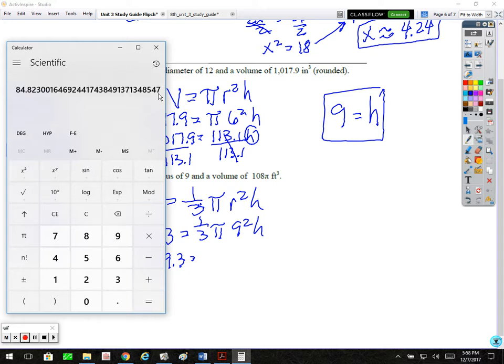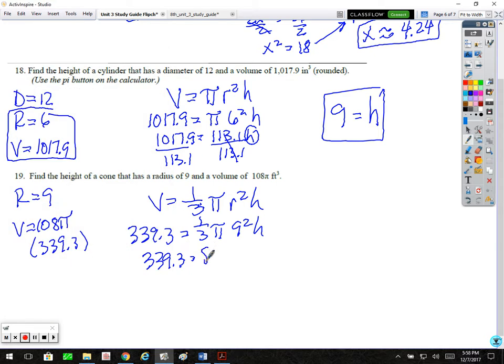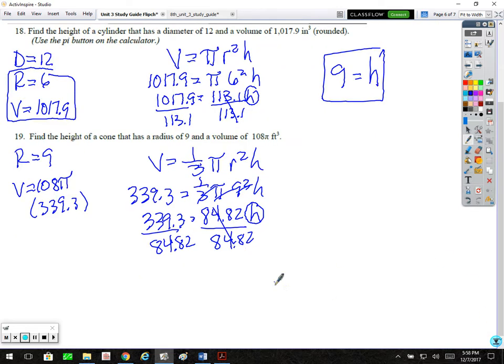Should give me 84.82. Okay, so 84.82 times height. So this became that. So all we have left is height. So we're going to divide both sides by 84.82. Cross them out. And let's see what we have left.